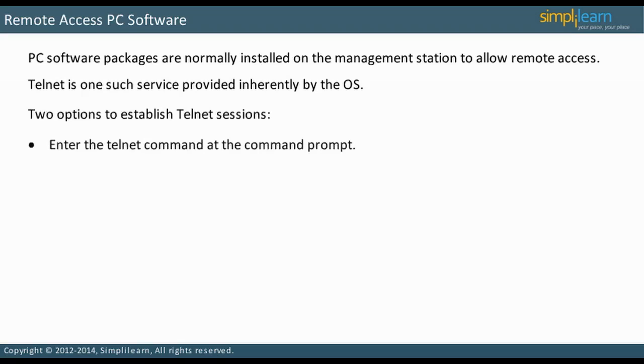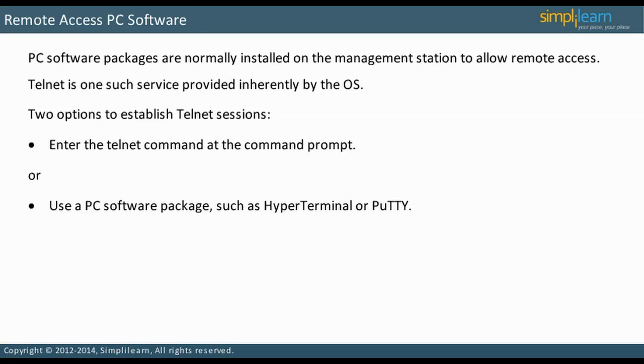At the command prompt, enter the Telnet command or use a PC software package such as Hyperterminal or PuTTY. To use SSH, a PC software package that provides SSH access is required. For example, Secure CRT. SSH also must be enabled as a service on the PC operating system.